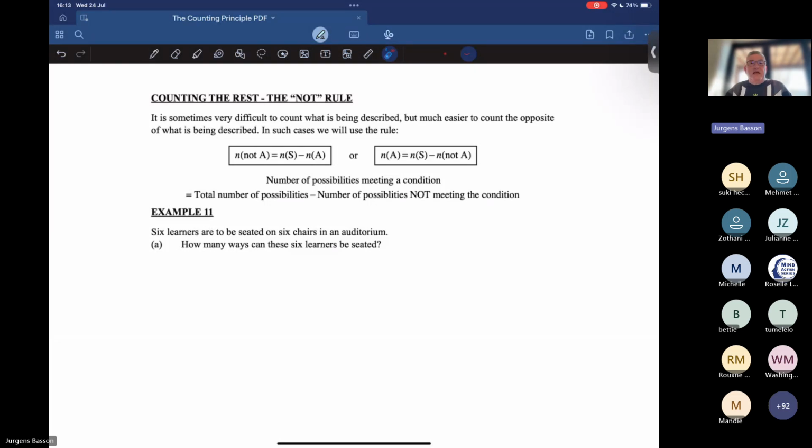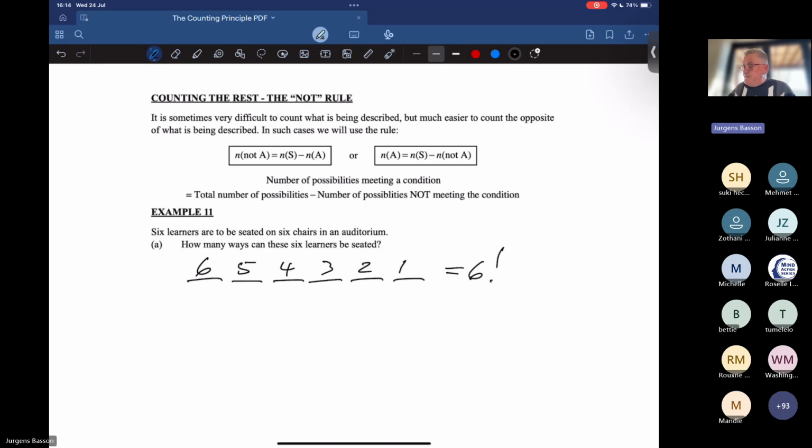So there's absolutely no restriction here, nothing funny. So all we have is we draw our 6 lines. And now we're going to seat these 6 learners. So it goes 6, 5, 4, 3, 2, 1, which will then give you 6 factorial. So this one is straightforward. The moment they ask us probability, this 6 factorial will be the denominator.